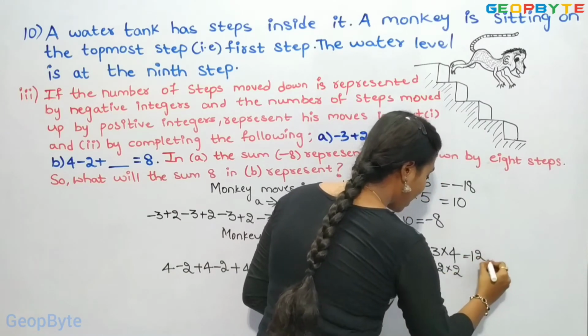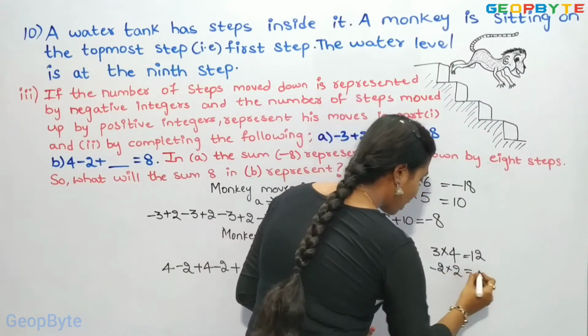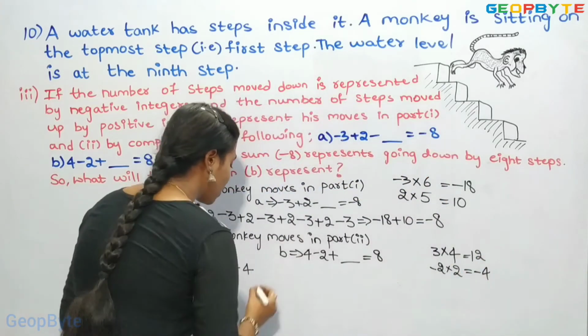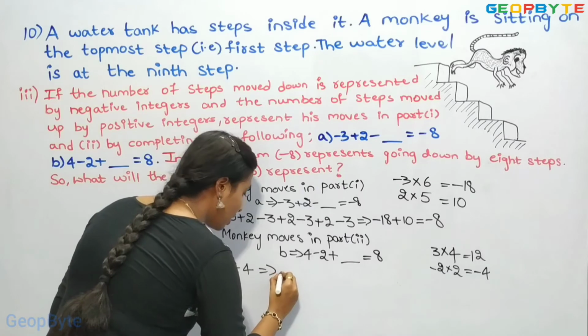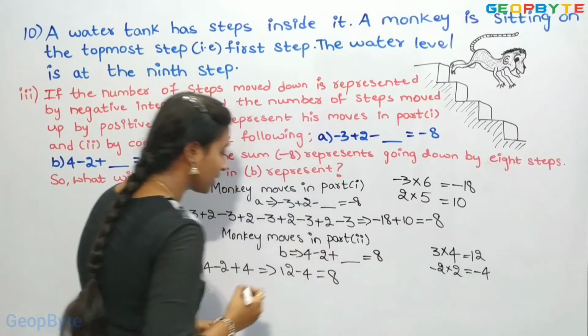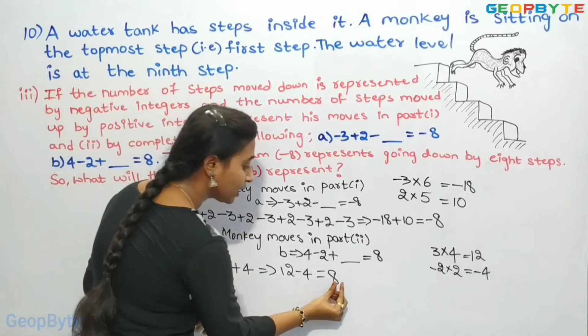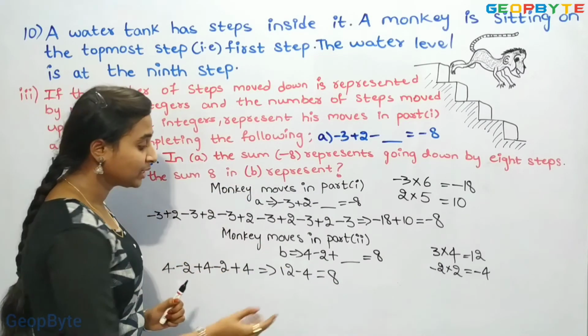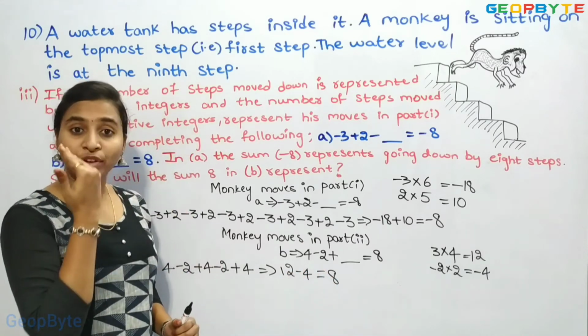4 3's are 12. 2 2's are 4. We have minus, that is minus 4. So, it is nothing but 12 minus 4, that is nothing but 8. See, we got plus 8, positive 8. It represents 8 steps moving up.